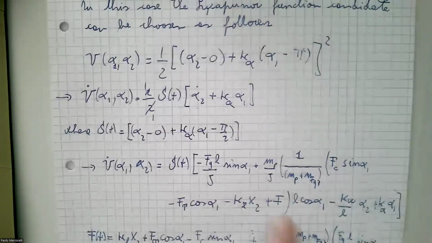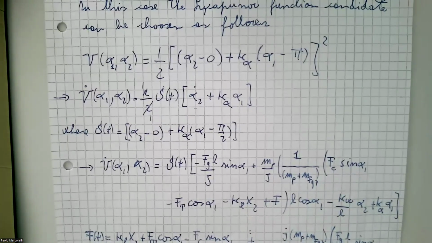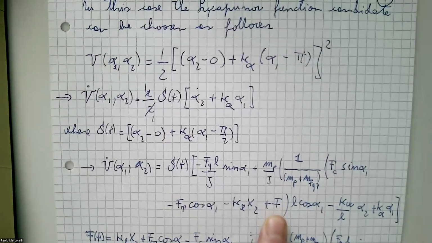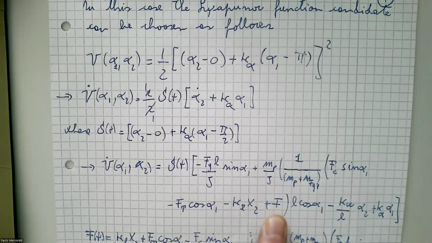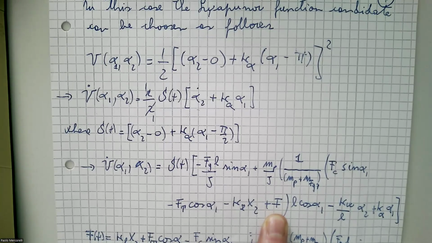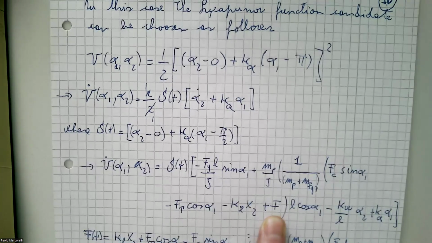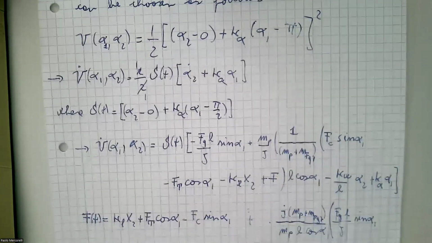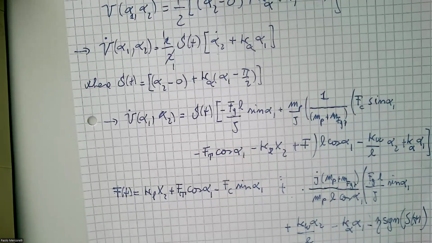I can now calculate F, the force which I have to generate to move the car, in order to stabilize the position pi, 0. What is the effect of this? It's very boring, but I would like just to show you the idea.